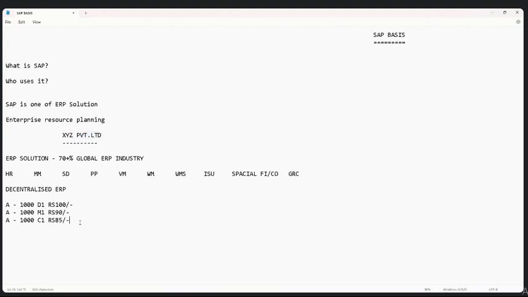But is that the actual scenario? The actual scenario is that A has given an order of 1,000 pairs of shoes, and he would consider that C1 has actually given me this, and I'll go by 85.